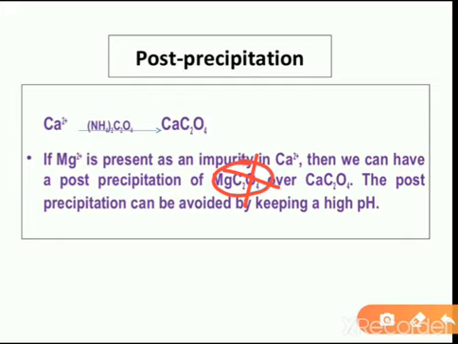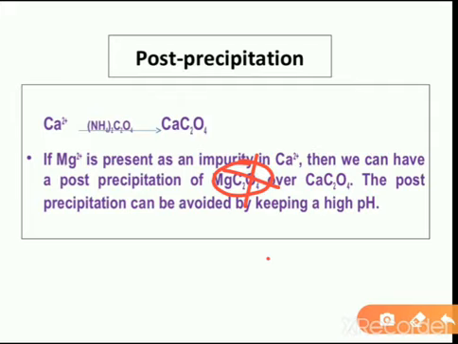And another one is that the precipitate should be filtered off as soon as the precipitation is over. After digestion, when the precipitation is over, soon after we have to filter the precipitate. Otherwise, there is the possibility of the formation of post precipitation, like calcium oxalate.